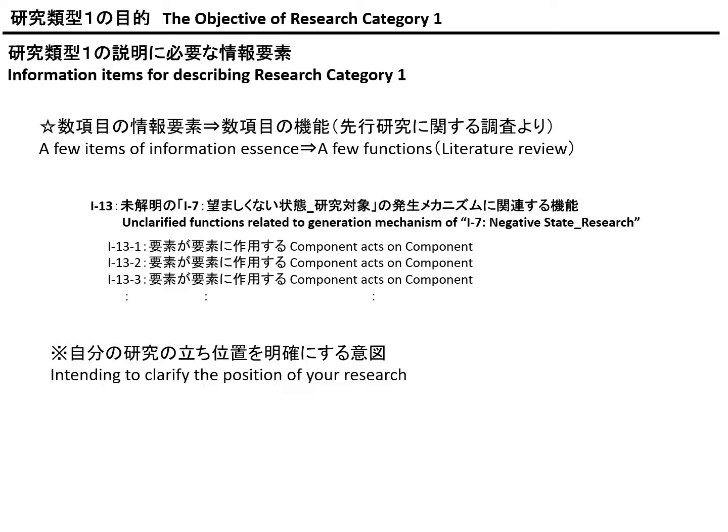Actually, these are a few functions which should be found through your literature review. What those are is unclarified functions related to the generation mechanism of negative state generated from the research system. So why you need to introduce these functions is because you need to clarify the position of your research.